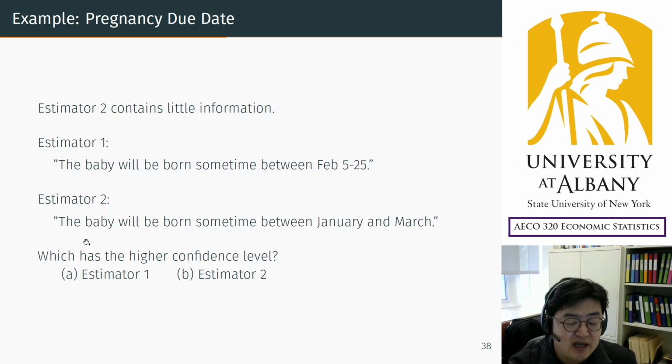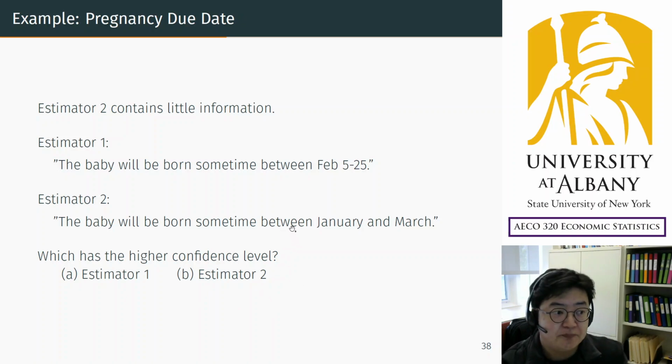So it is obvious that the baby will arrive in January or February or March. So it is nearly 100%, like 99.99% correct. Unless there are complications, it will be true. But the first estimator may be wrong. It is possible that the baby arrives on February 4th or February 26th. Still, this estimator is wrong. So in that sense, estimator 2 is more likely to be correct. So it has the higher confidence level.